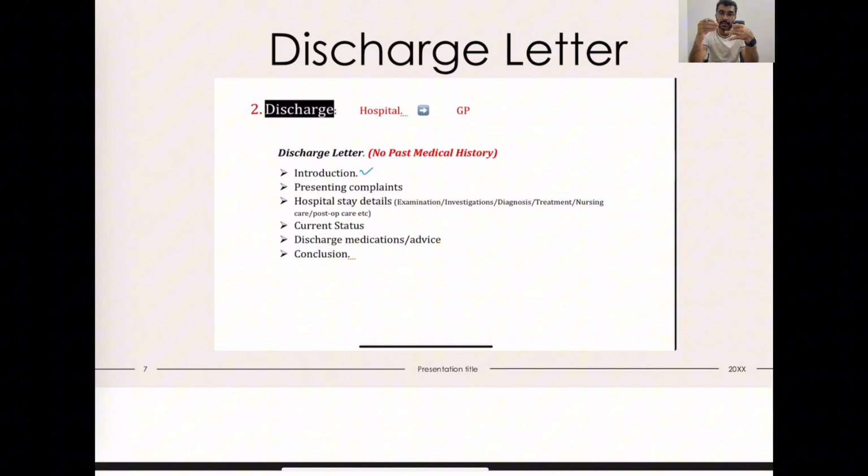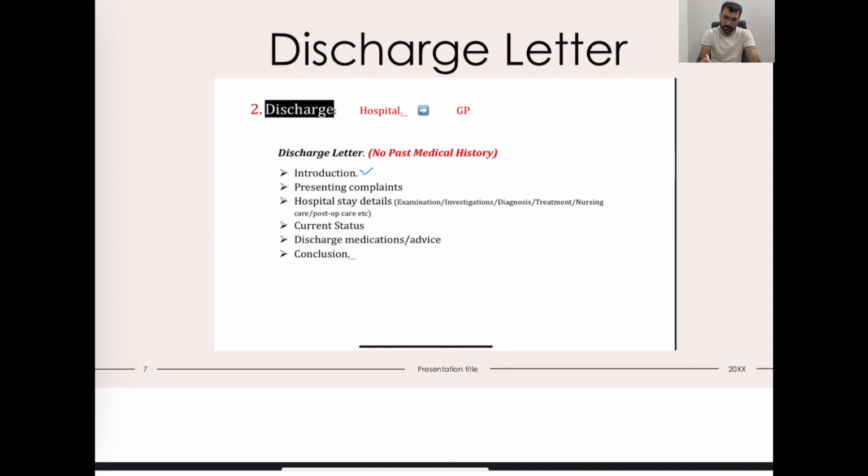Then you will evaluate the patient, your examinations, and then you investigate the patient, and then you will make a diagnosis and you will start the patient on some treatment. Then patient's current status, definitely you only discharge the patient, you will mention patient's current condition, and then you will write discharge medication, or if you have any advice, that. So it follows the natural course, how a patient is admitted and what happens during hospital stay and what we'll do when we discharge the patient.